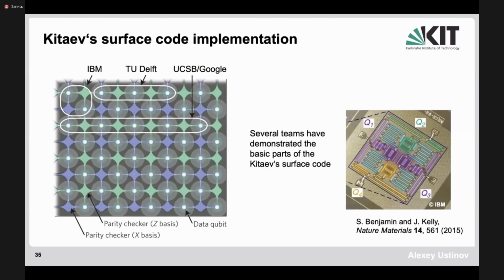Для того чтобы поверхностный код коррекции ошибок заработал, необходима такая шахматная схема. И здесь несколькими группами были продемонстрированы простейшие измерения ошибок не всех x, y, z, а, скажем, ошибок только по x или только по z. Простейшие вещи были показаны.